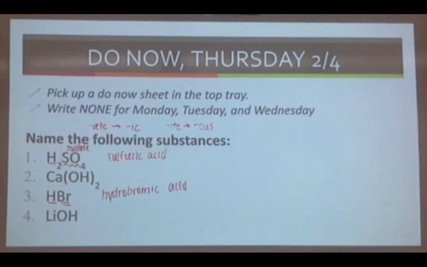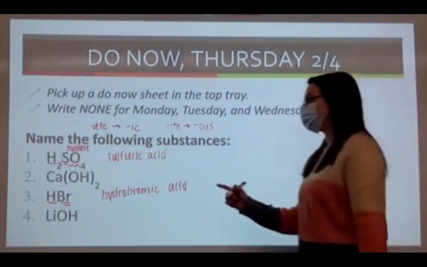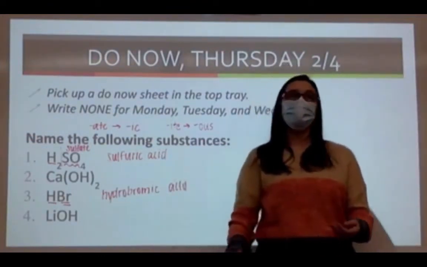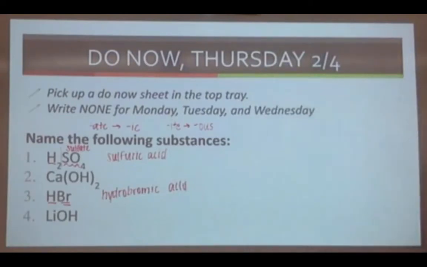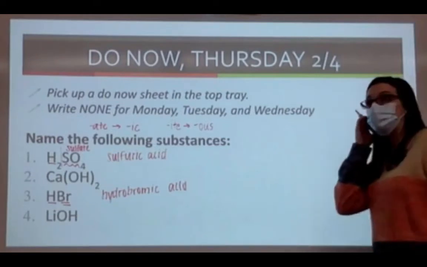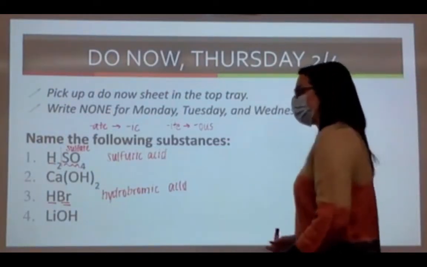So I always say when it's hydrogen and a single element, that could be something like HBr, H2S. H2O is water, so that's different. Or you can do something like H3N. It's still hydrogen and a single element.